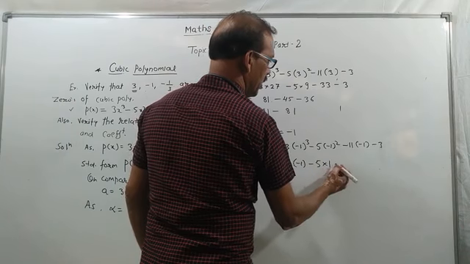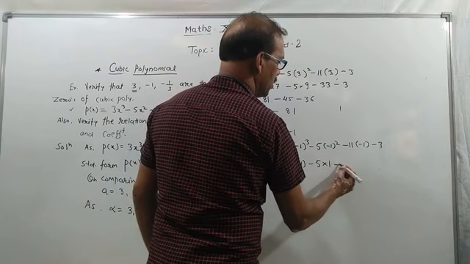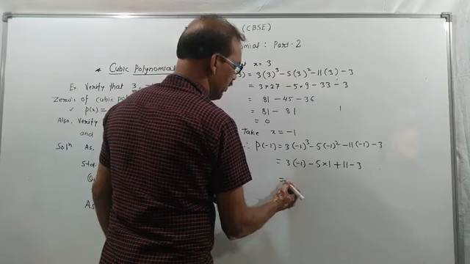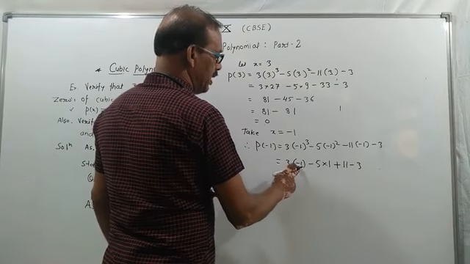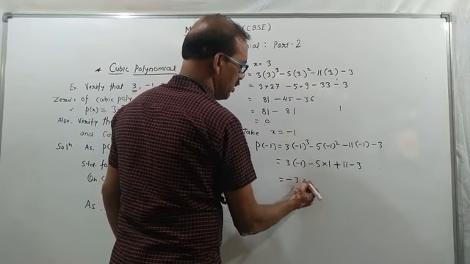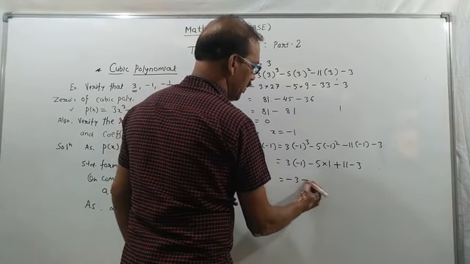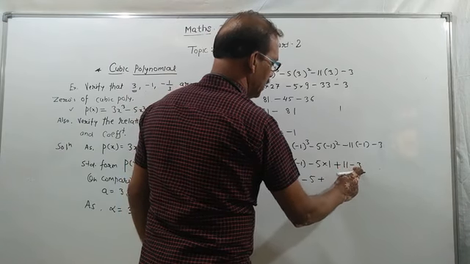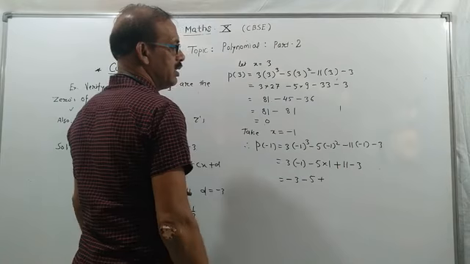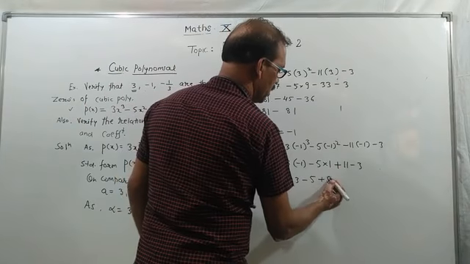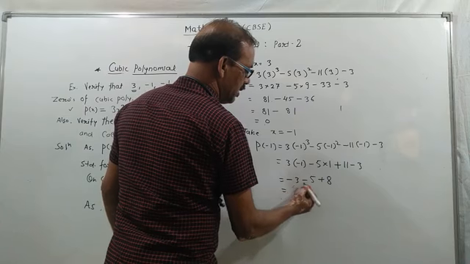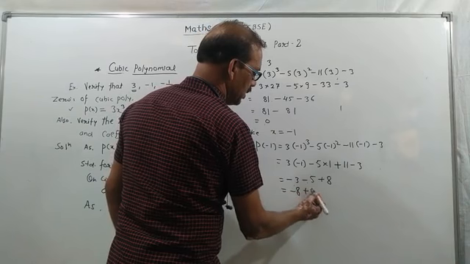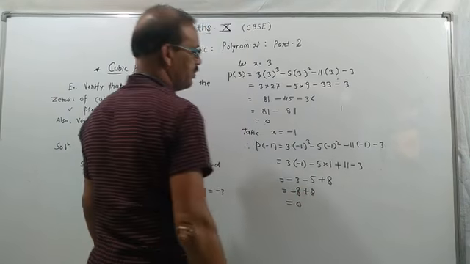Therefore 5 into 1 is 5, and minus into minus is plus, 11 into 1 is 11, minus 3. So 3 into minus 1 is minus 3, minus 5, plus 11 minus 3, that is 8, equal to minus 3 minus 5 is minus 8 plus 8, answer is 0.